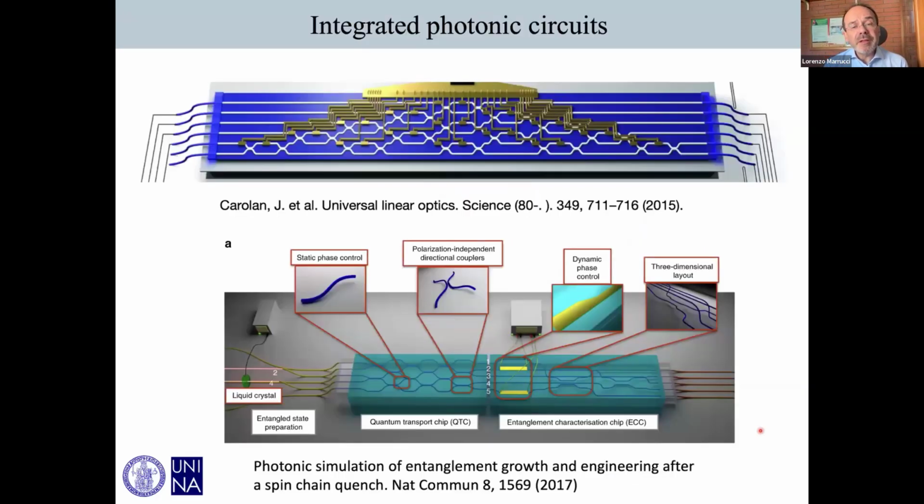Several papers have appeared, especially on this integrated photonic circuits approach, in which you could have, for example, universal linear optics in Science in 2015. More recently, this was used for photonic simulation, in 2017, using again a set of beam splitters in an integrated approach.